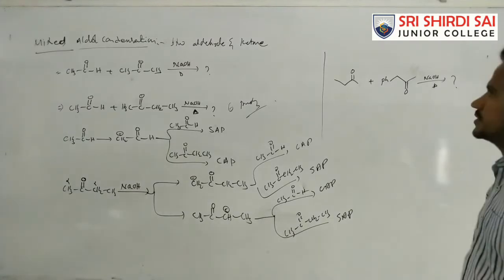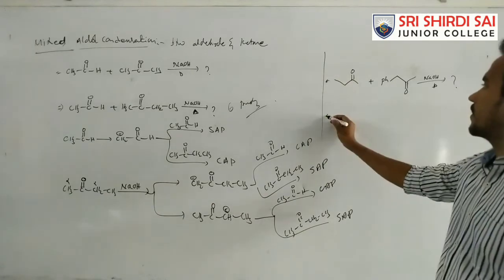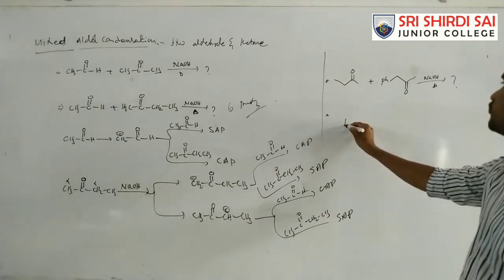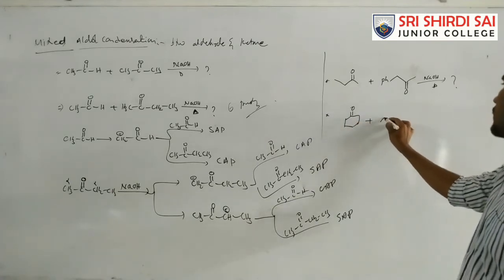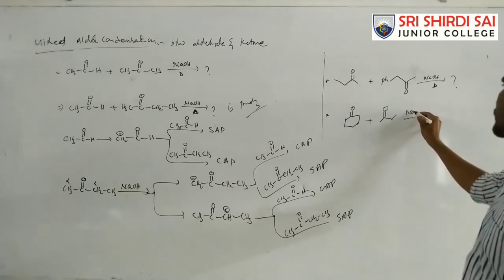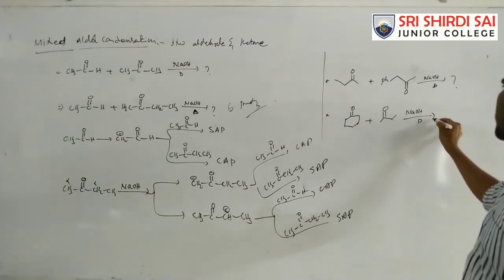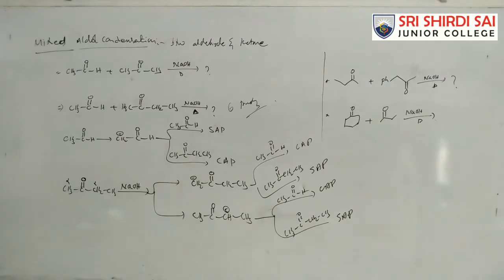How many products are produced in this case? For example, you have cyclohexanone plus this compound. Just write the possible products. It is a mixed aldol condensation.